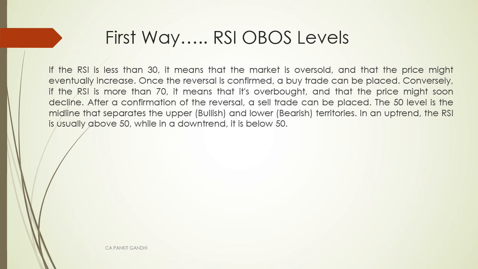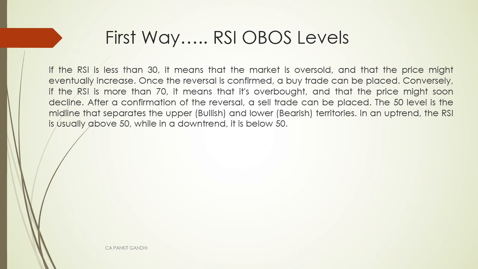On the other hand, if the RSI is more than 70, it means it's in an overbought condition. That means people are ready to book profits, and the price will soon decline. After confirmation of the reversal or a bearish candle, a sell trade or a short trade can be placed.